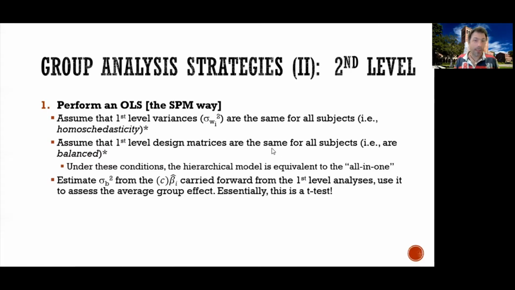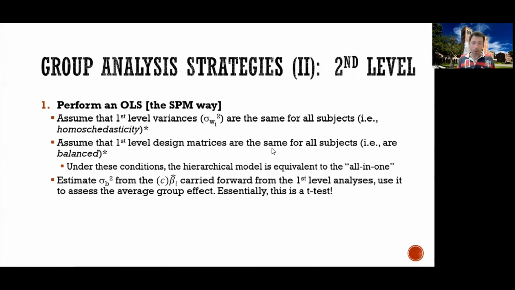Assumption number two, if the design matrices are balanced, which means if everybody had more or less the same design, it doesn't have to be in the same order, but if everybody had the same cells in their design, so if everybody saw the same conditions, then you can assume sphericity. And if you can assume sphericity, then this two-step model, this hierarchical model, this summary statistic model, is really equivalent to the all-in-one.